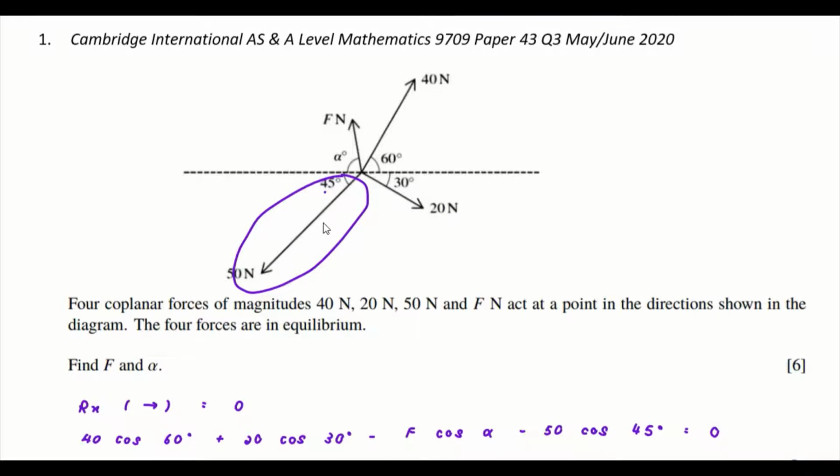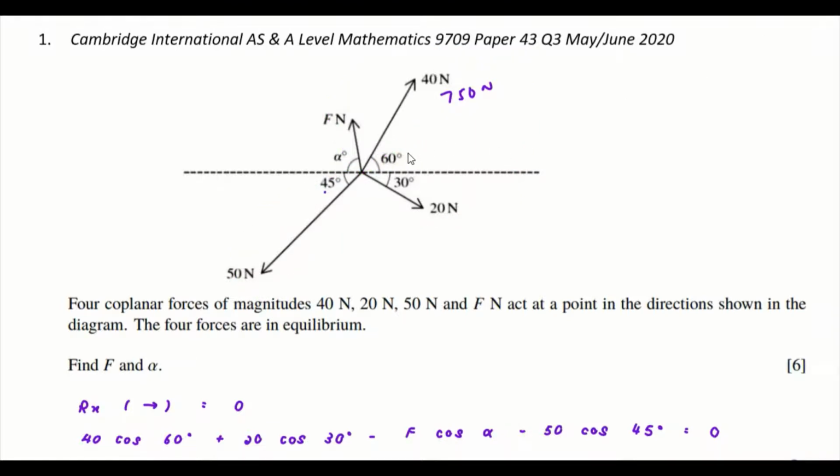Because these forces are in equilibrium, these three forces are equivalent with this. So their resultant is basically going to be here, and then this is the 45, and then it's 50 Newton as well. I hope that you can get the idea.